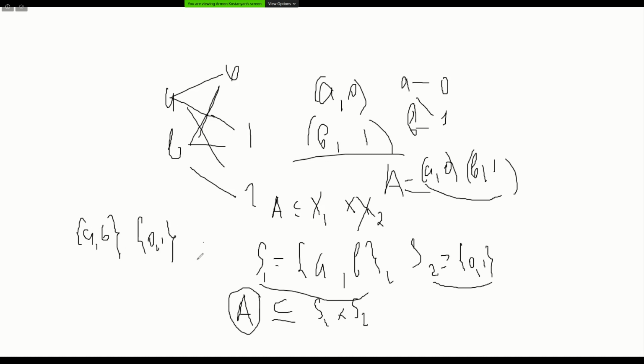And after that, we need to consider all combinations when A is taken together with 0 and 1 and B is taken together with 0 and 1. So this subset cannot be represented as a Cartesian product. So the hereditary property does not hold.